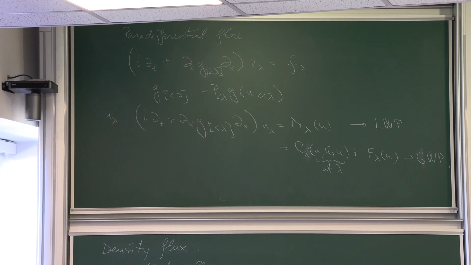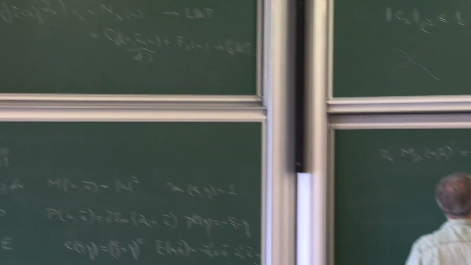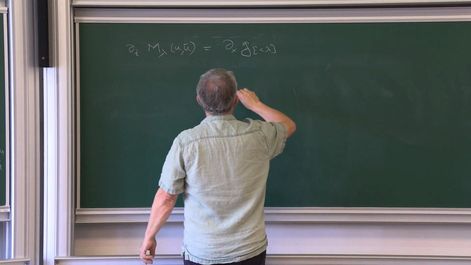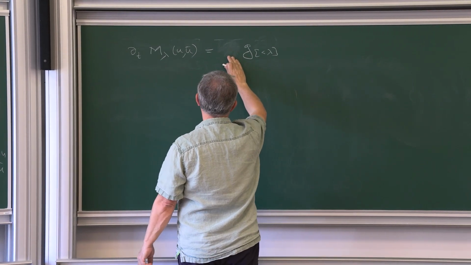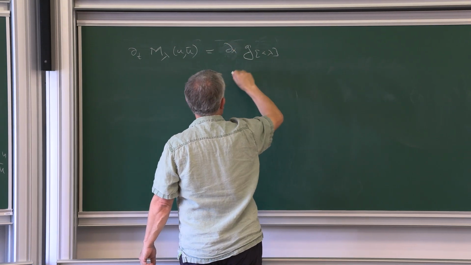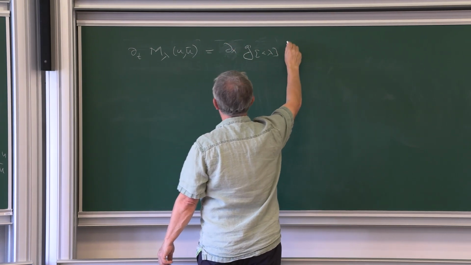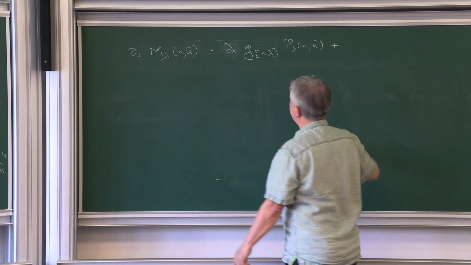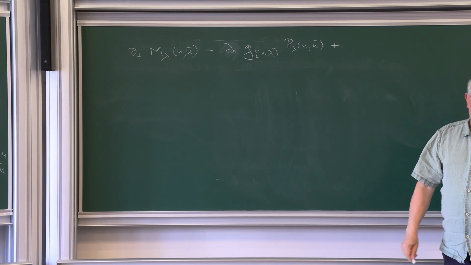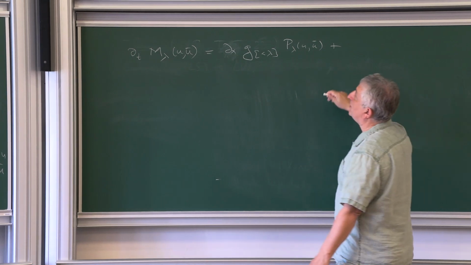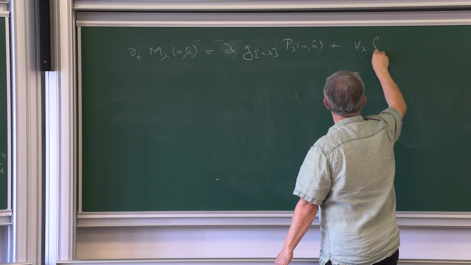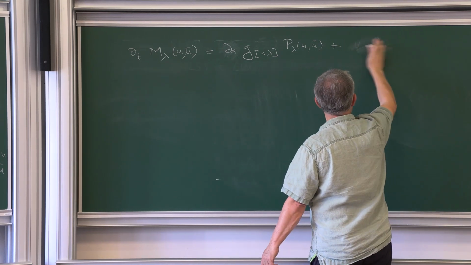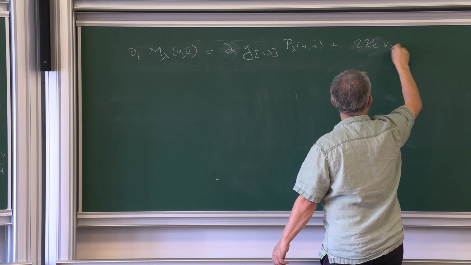So this would be something like Vx g less than lambda, maybe, g less than lambda, p lambda of u bar, and then plus, and there would be a contribution from the source term, right? And the contribution from the source term would be v lambda, f lambda is going to be, well, twice the real part, v lambda, f lambda bar.